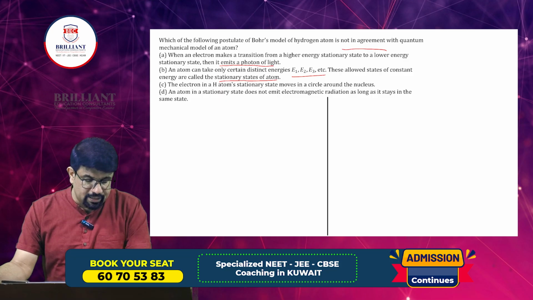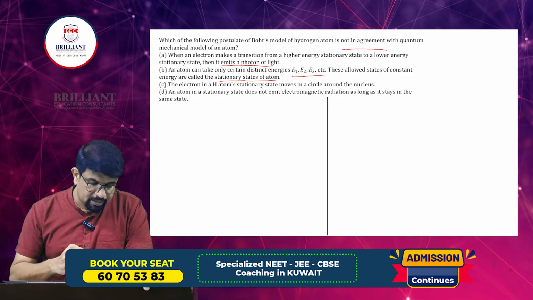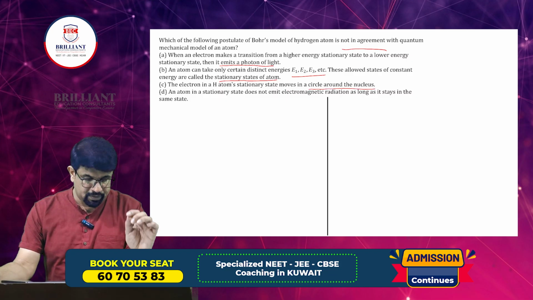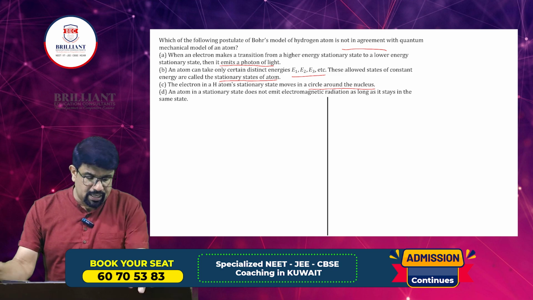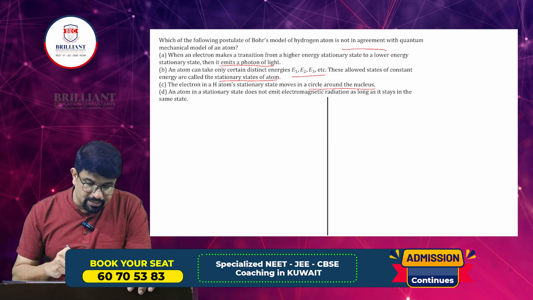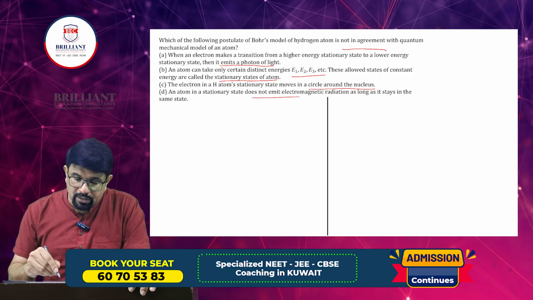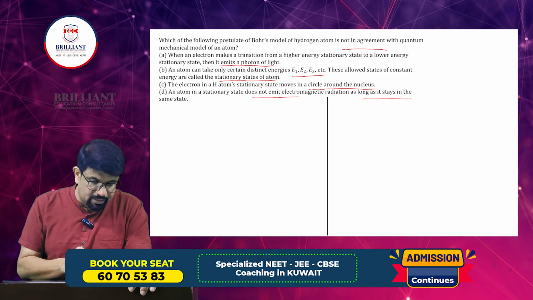And the third statement is, the electron in a hydrogen atom stationary state moves in a circle around the nucleus. The last statement is that an atom in a stationary state does not emit electromagnetic radiation as long as it stays in the same state.